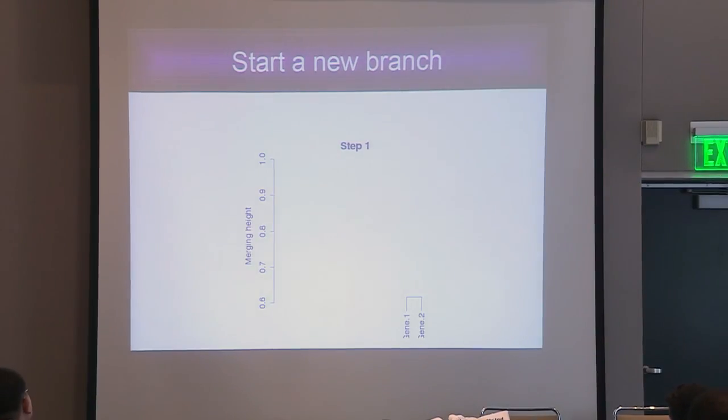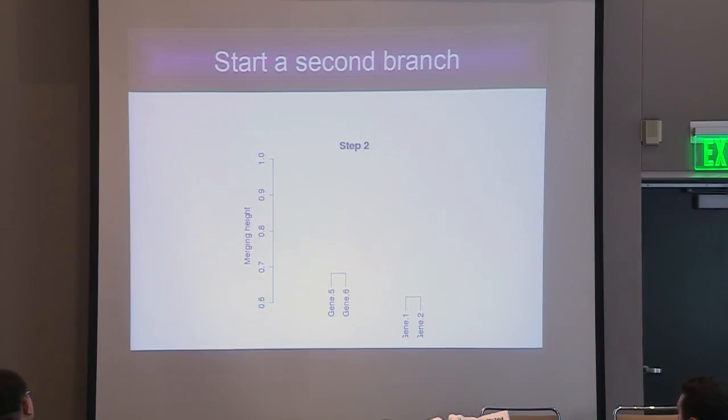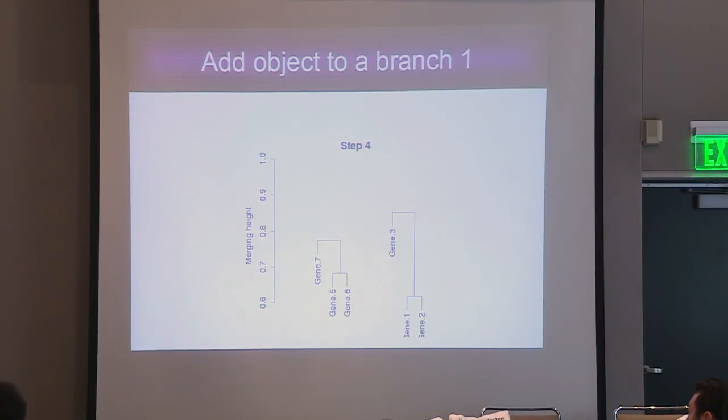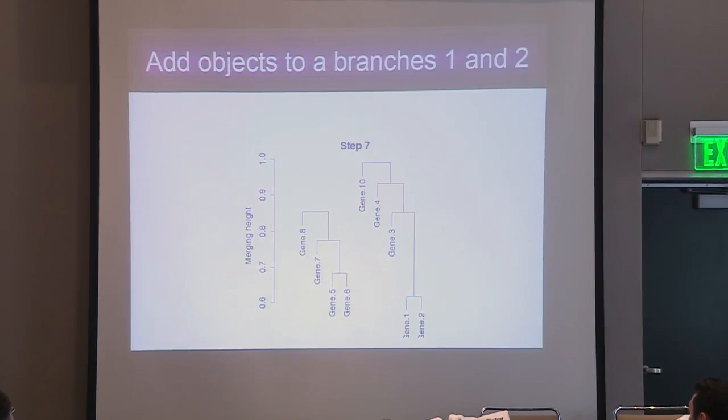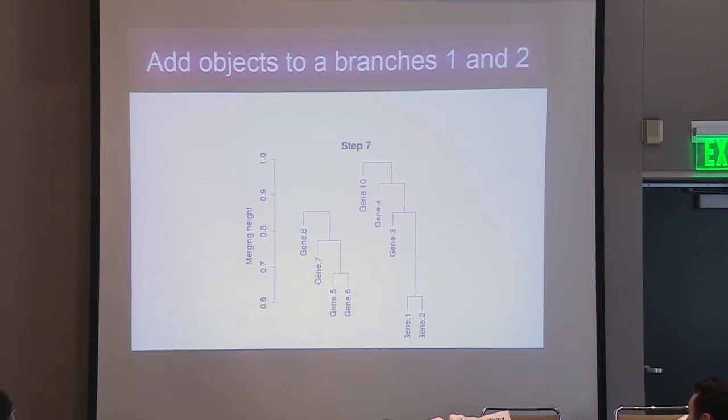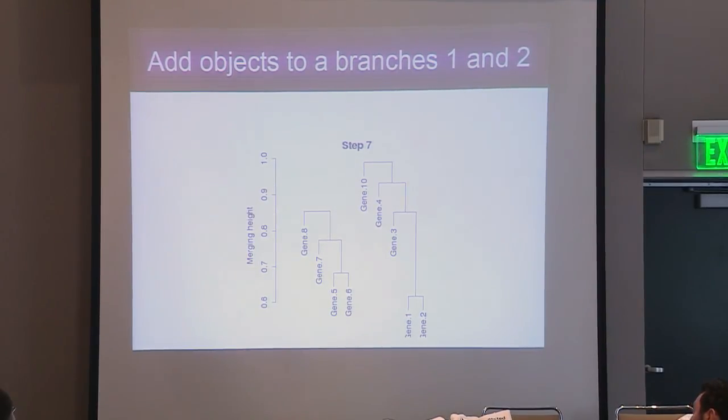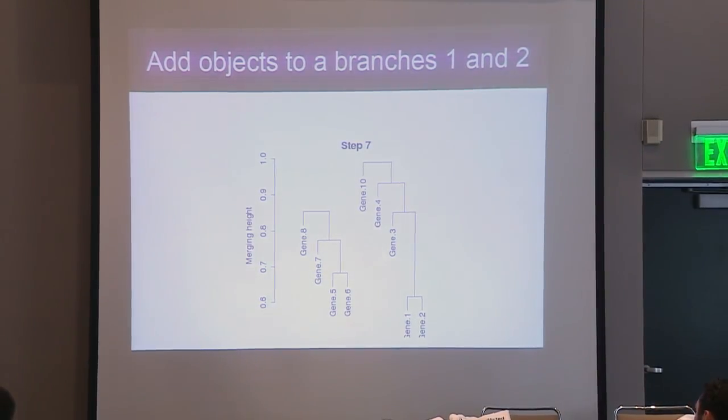If you remember, genes 1 and 2 were the first ones that got merged together, so you start a new branch right there. Then we had genes 5 and 6, that's starting another branch. And then we were adding objects to each of the branches. So you built up the branches. So far, so good. There's nothing really going on.